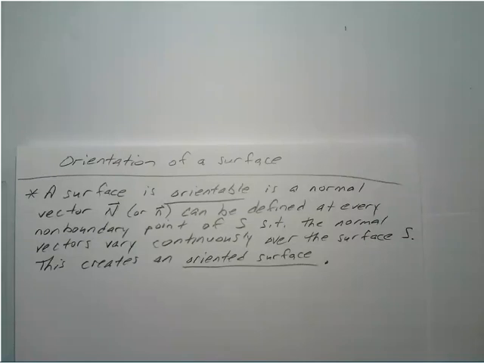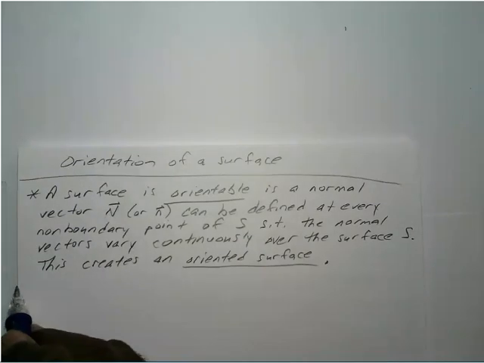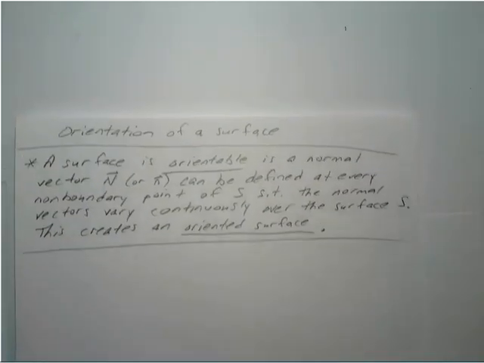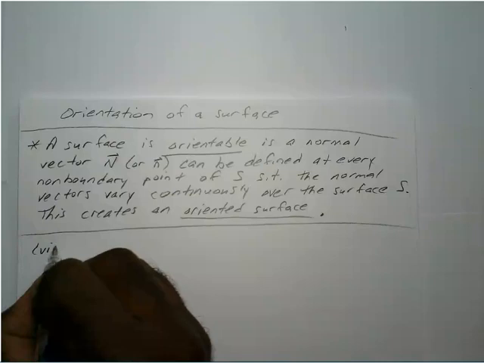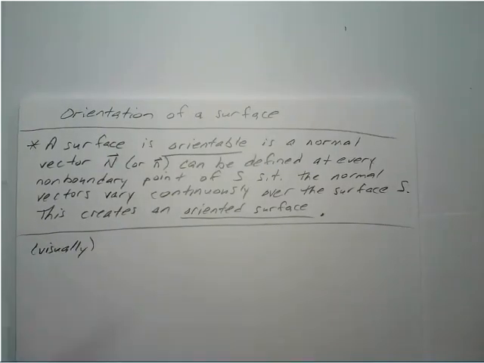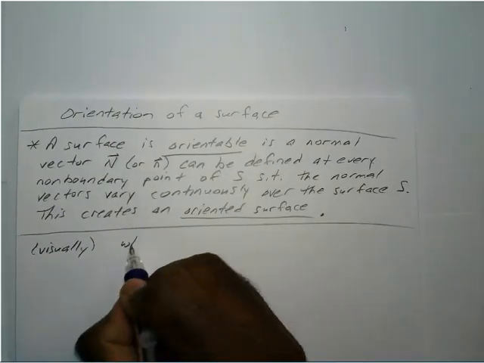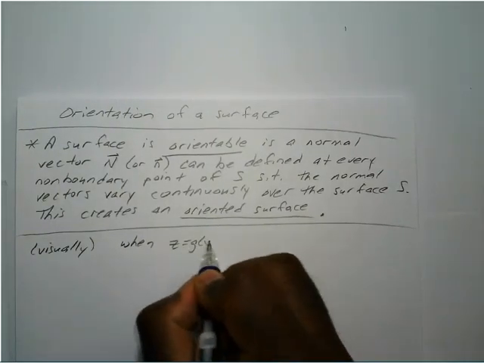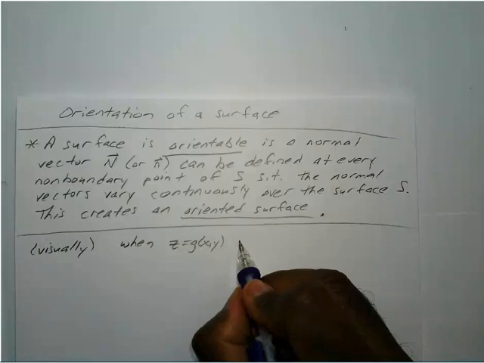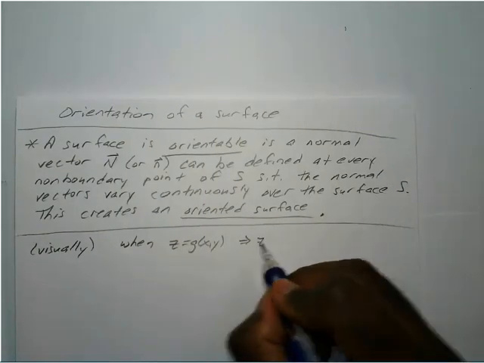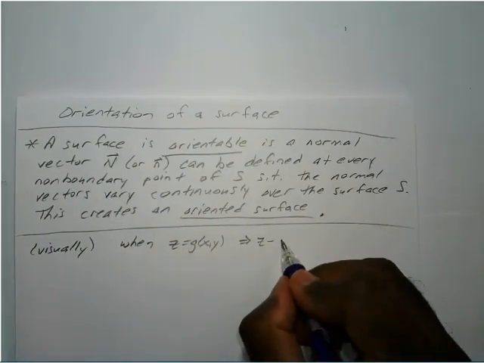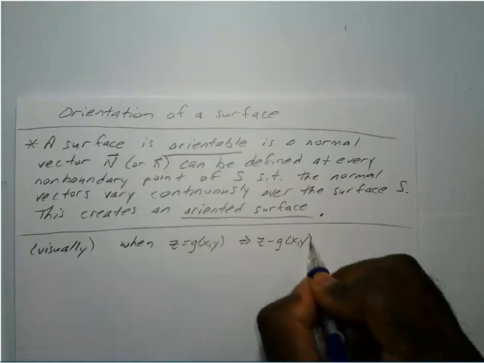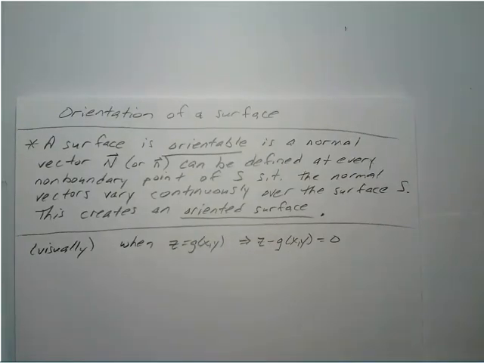All right, so this is kind of the written description of it. To give you a visual description, we kind of separate that a little. So visually, okay. Let's say when z is g of x, y, we know that if we subtract g of x, y from both sides, z minus g of x, y is equal to 0.